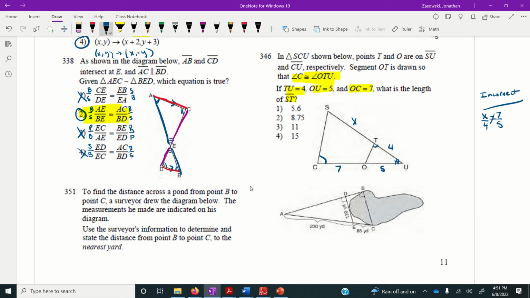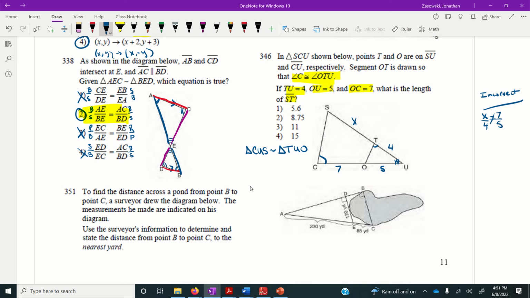The reason why is let's write out our similarity statement, okay? So triangle C, U, S. Now, C is the same as T. So this has to be T, U, O. So notice that we did ST here, okay?